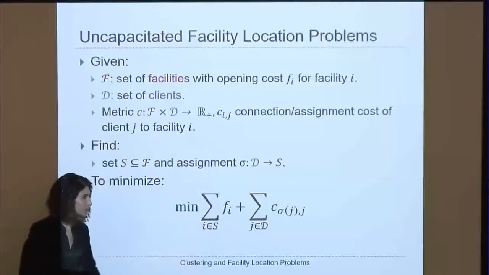So the goal here is to open a set S of facilities and find an assignment of clients to this set of facilities. We want to minimize the total cost of facility openings, the sum of the f_i's, plus the total connection cost of clients.